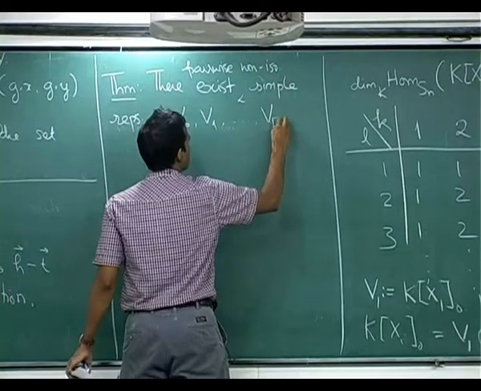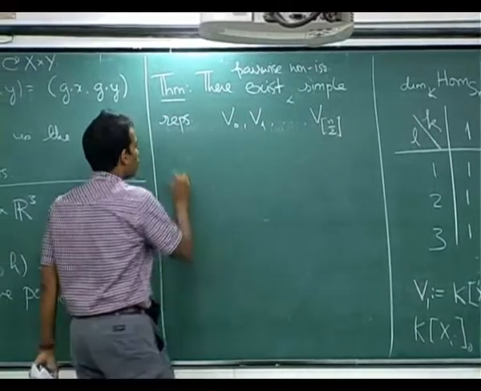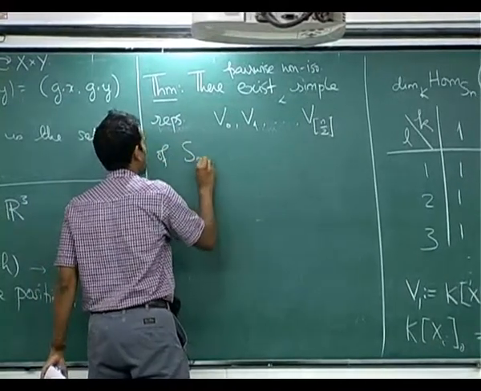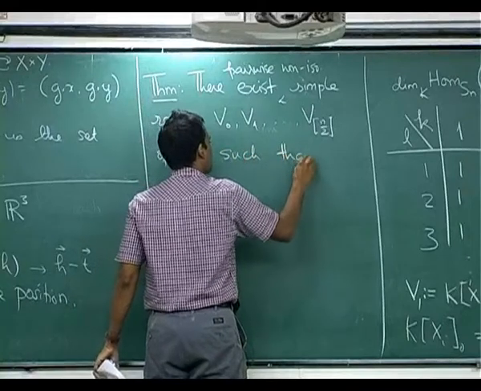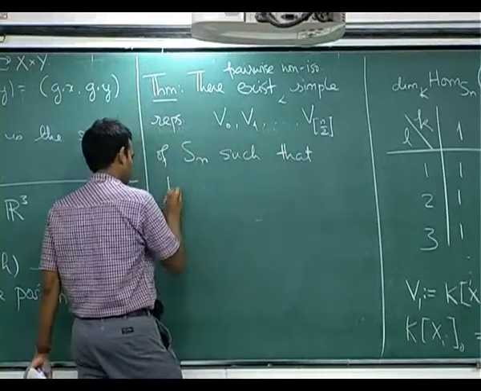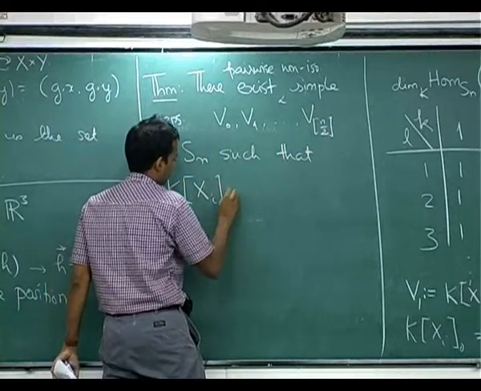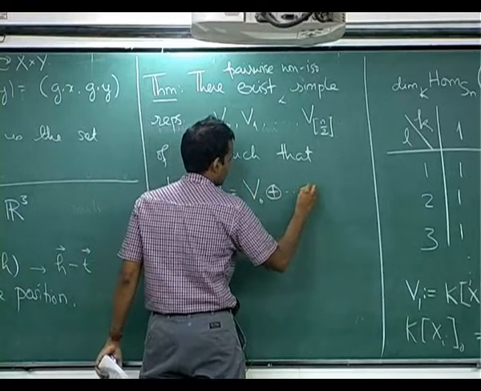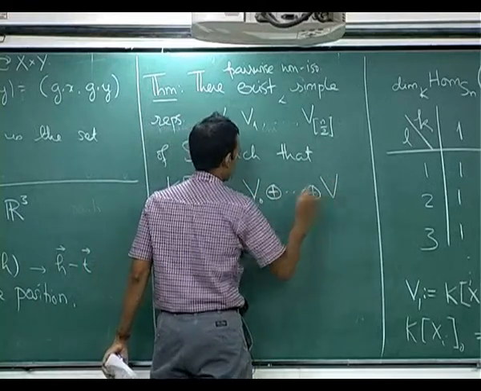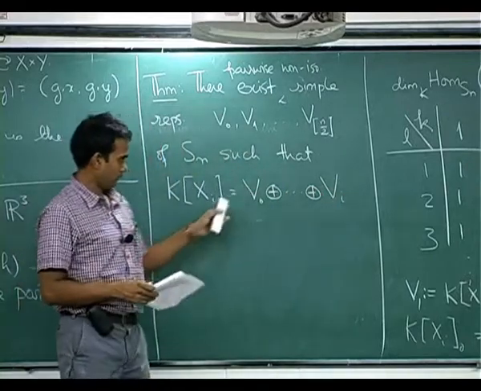It goes up to floor of n over 2 of Sn such that kxi is the sum of V0 up to Vi.